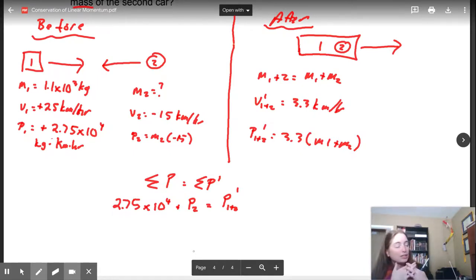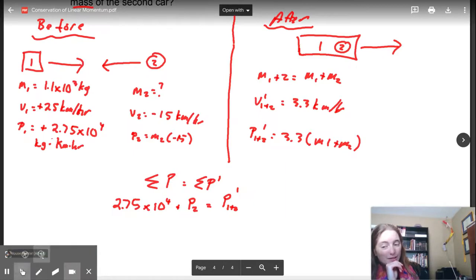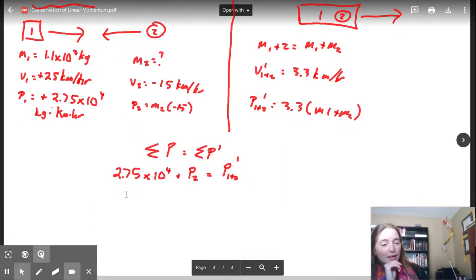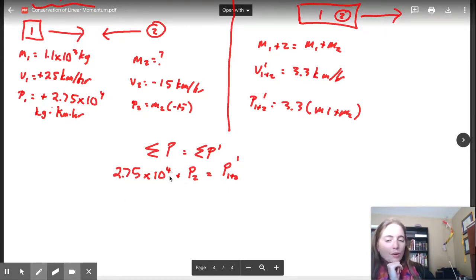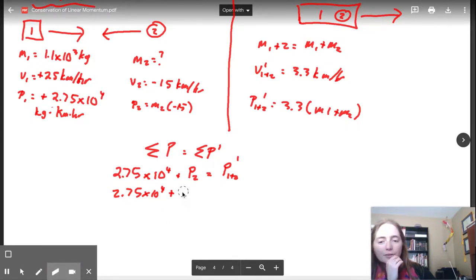Now we need to start expanding this a bit. This is going to be algebraically your best friend. Algebra. It's awesome. Let's substitute what I got in here. So 2.75 times 10 to the 4 plus M2 times negative 15.